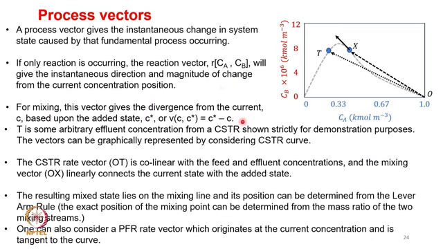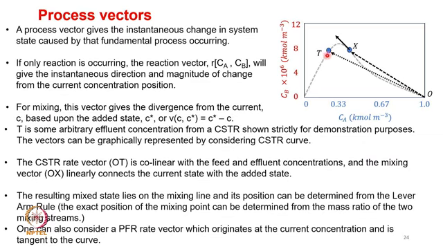If mixing is happening, this vector gives the divergence from the current concentration based on the new state. So it is the change in terms of concentration when mixing, and in terms of rate, it gives you the direction and magnitude of change from the current concentration position.